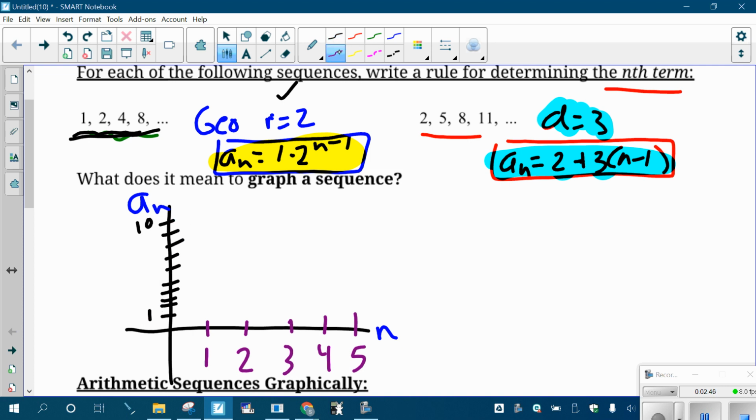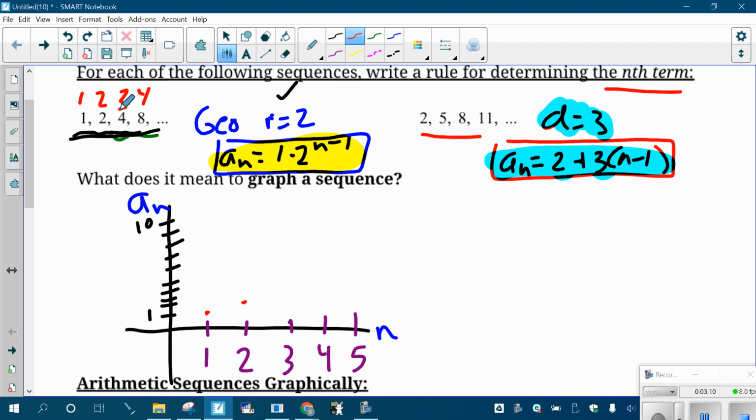Okay. The first term is 1. So for an n value of 1, you get out an a sub n of 1. The second term is 2. Again, this one has a weird pattern here, but the second term is 2. When you plug in 2 for n, you get out a term of 2. The third term is 4.